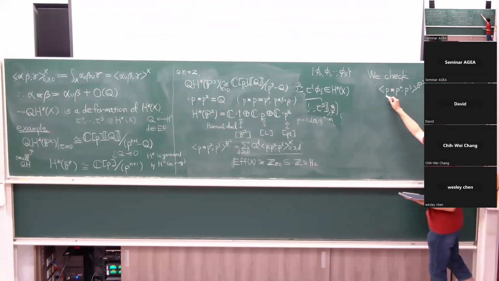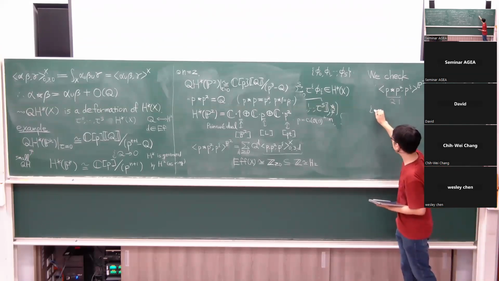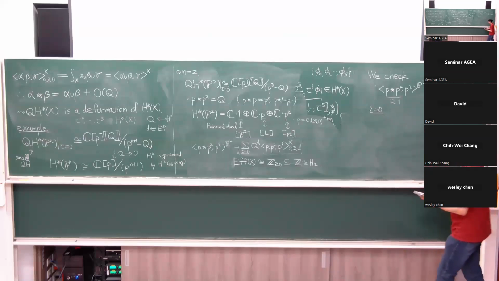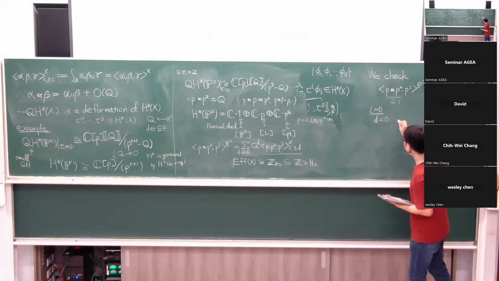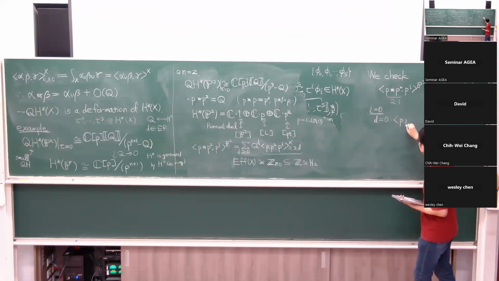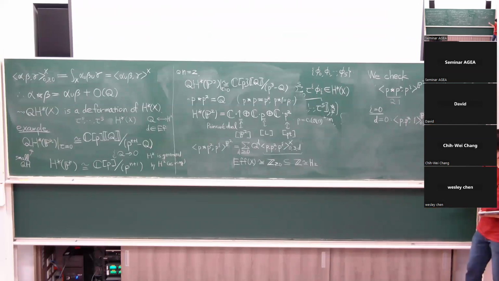Because for the i equal 2 case, here we replace this product by Q. For d equal 0, this is by definition just an integration of cup product. So this equals 0.